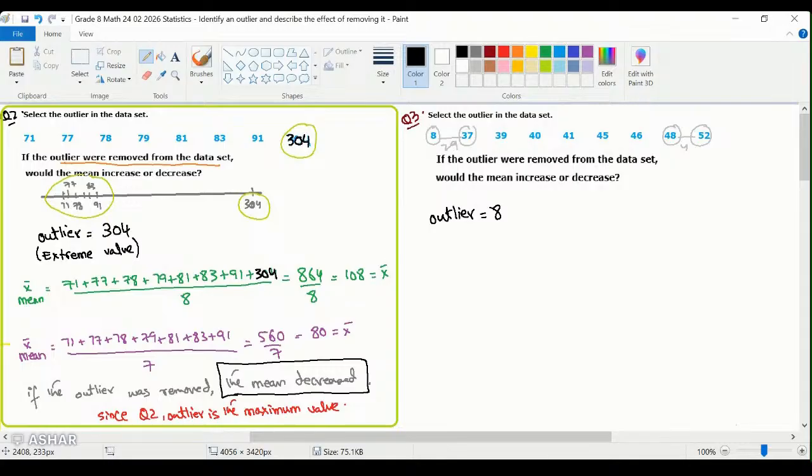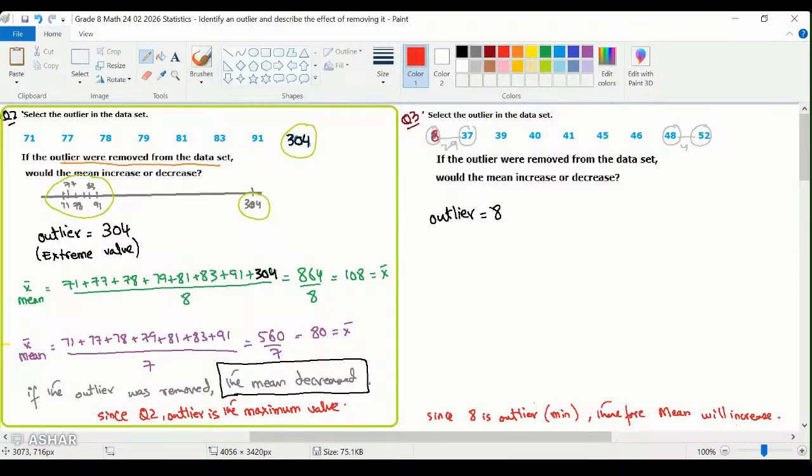And we know that since 8 is the outlier, right? And this was the minimum value. Therefore, the mean will increase.